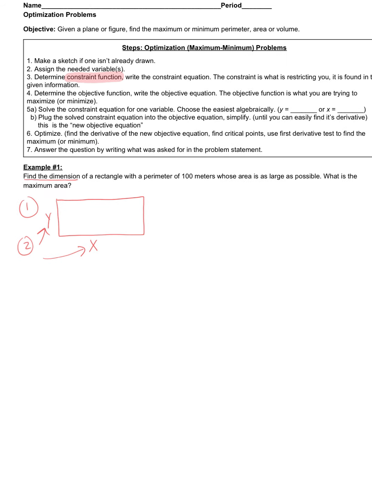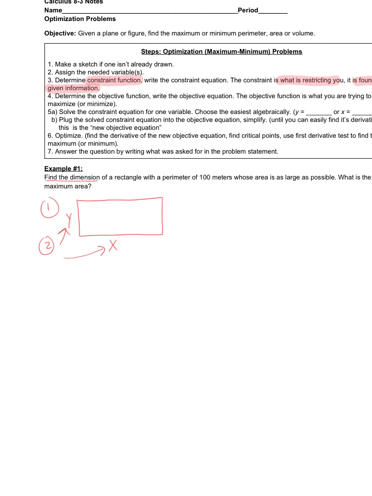It is found in the given information. So let's look at our given information. This is the given information right here. So this is the given info. So that is going to be our constraint.